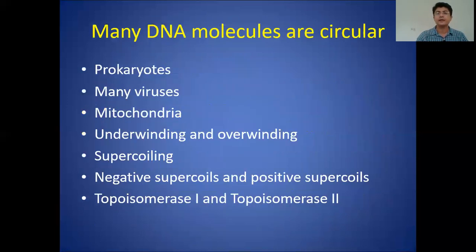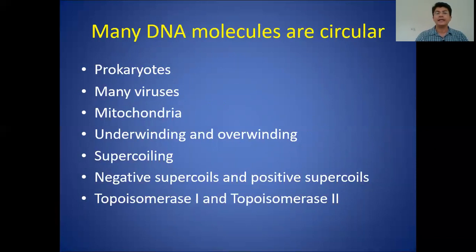Many DNA molecules occur in a circular manner. For example, prokaryotes have circular chromosomes. Many viral genomes which contain DNA have circular genomes. Mitochondria also has a circular DNA molecule. These DNA molecules can undergo underwinding or overwinding.